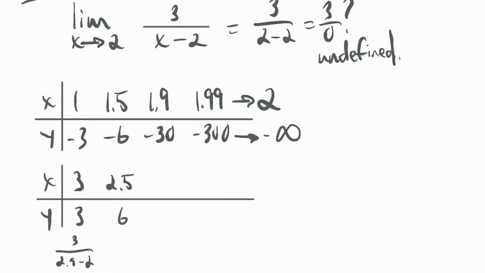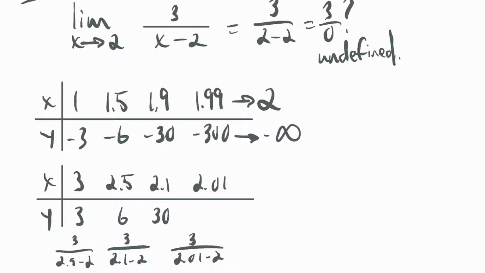If I put in 2.1, so 3 over 2.1 minus 2, I get 30. You might be noticing a pattern here. If I put in 2.01, 3 over 0.01, I get 300. So as I go to 2 from the right, the y-coordinate goes to positive infinity.